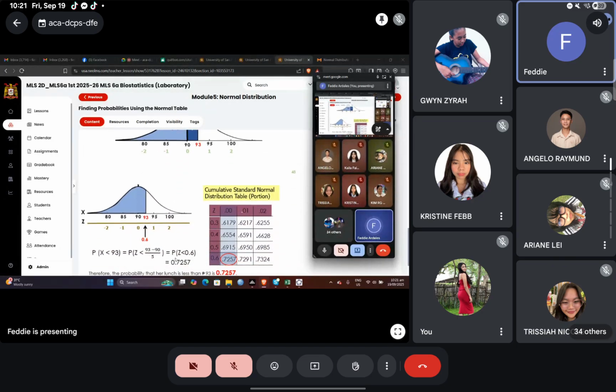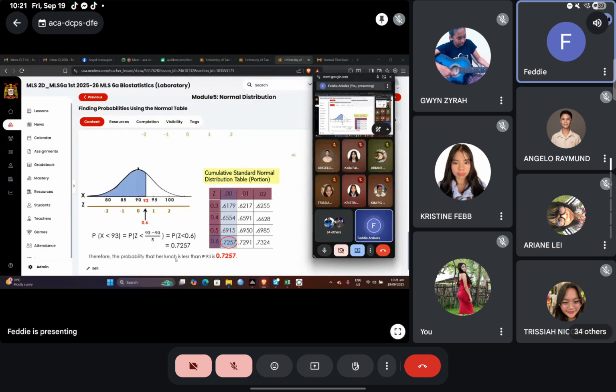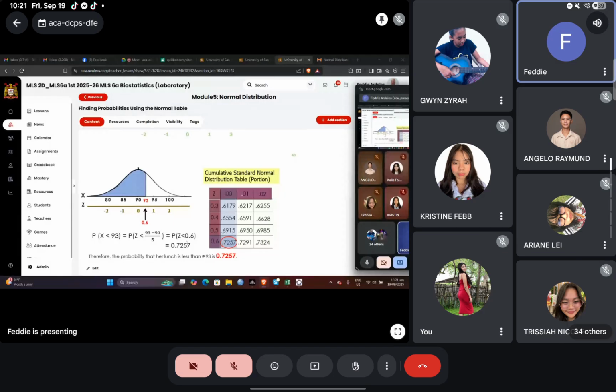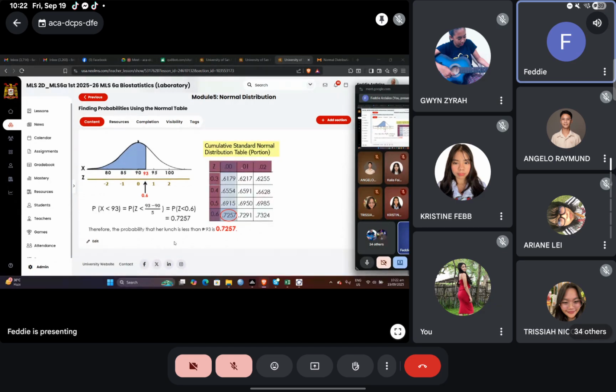So your x is 93. 93 minus your mean, which is 90, over 5. Then once you have computed, find it using your table. So 93 minus 90 over 5 will give you 0.6.